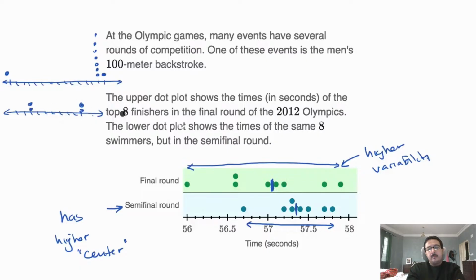So it's not always the case that just by looking at one of these measures, the range or the standard deviation, you'll know for sure. But in cases like this, it's safe to say when you're looking at it by inspection that this green, the final round data, does seem to have a higher range, higher variability, and so I'd feel pretty good at this. This is a very high level comparison.